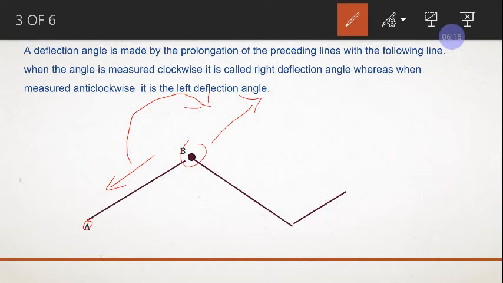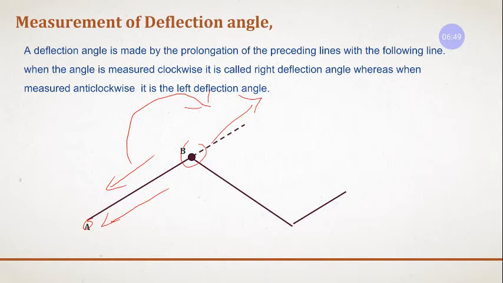Once the preceding line and the following line are set up, at station B, the intersection of the preceding line and the following line, you set up the instrument and bisect point A with the help of the telescope. Then you transit the telescope, meaning you turn it through 180 degrees, and bisect in the opposite direction of A. This will be the line of sight, or line of collimation, of the telescope.